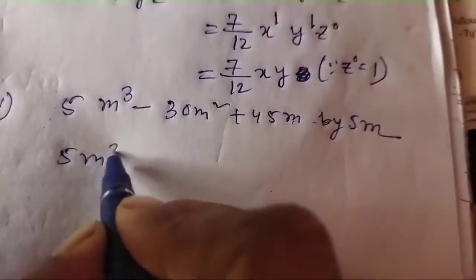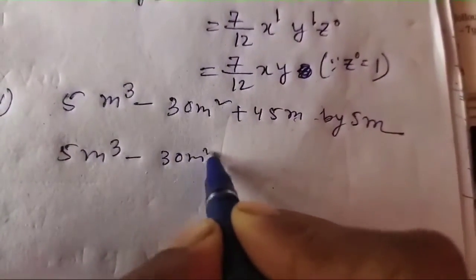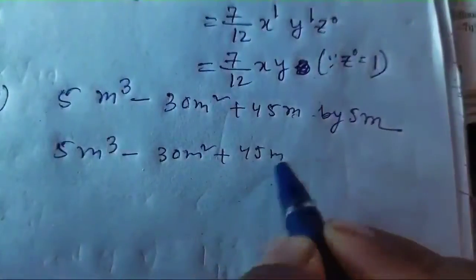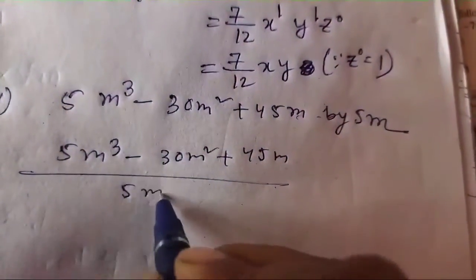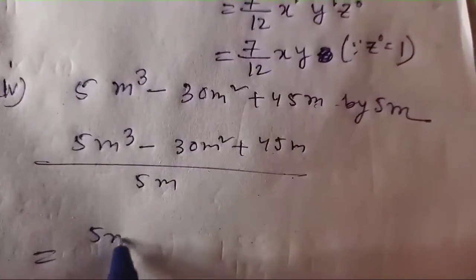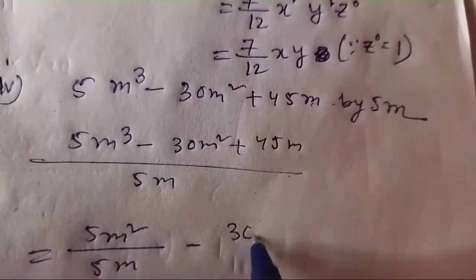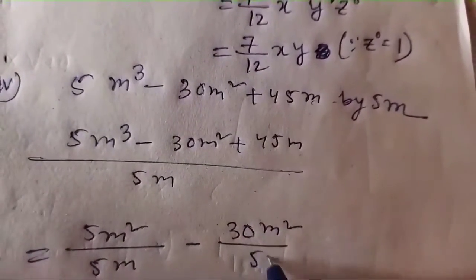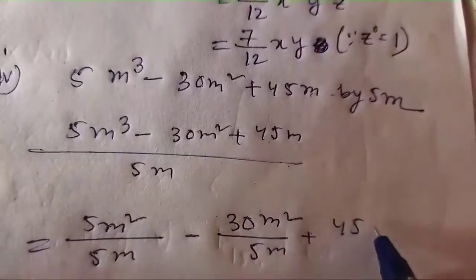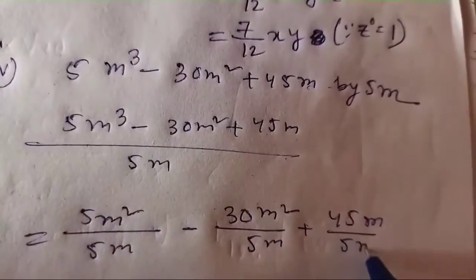Okay, divide it. So 5 m cube minus 30 m square plus 45 m by 5 m. So divide it. 5 m cube by 5 m minus 30 m square by 5 m plus 45 m by 5 m.